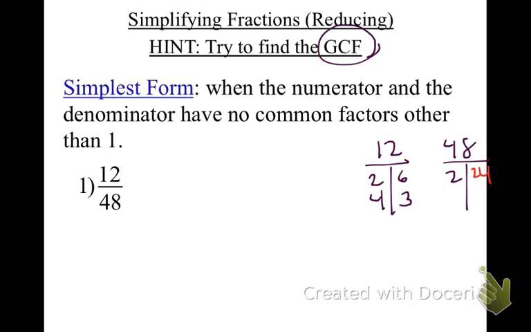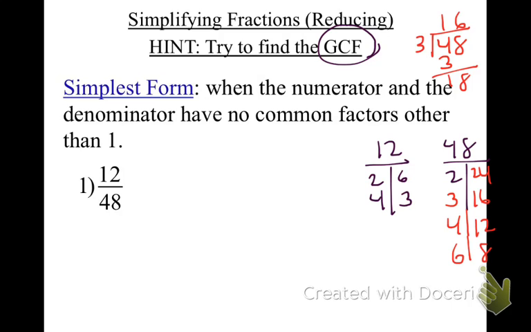24. Well, 3 will go into it. 3 divides into 48 16 times. 4 will go into it 12 times. And of course 6 and 8. I think that's almost all of my factors. And if I take a look, hey, they both have 6 in common.